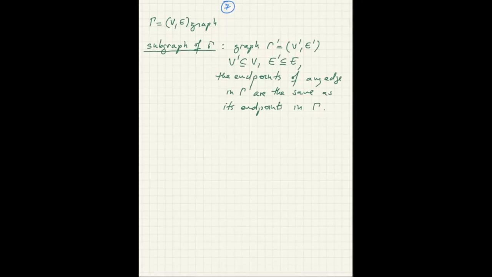So let me give you an example. Let's say gamma is this graph: 1, 2, 3, 4, 5. Then gamma prime is a subgraph because I deleted vertex 1 from gamma.